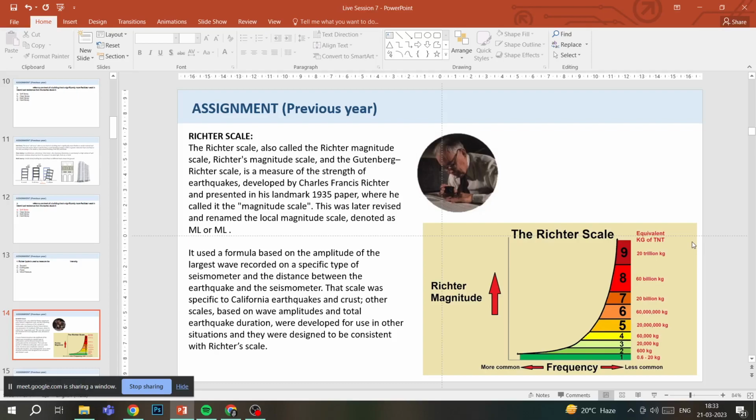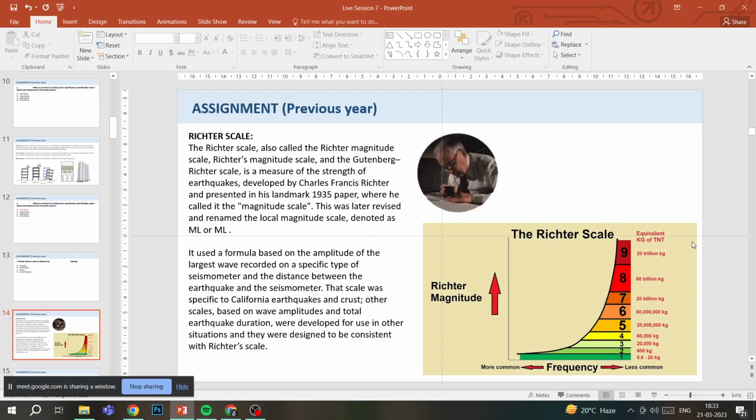The seismometer records the amplitude of waves that are coming, so there is the largest recorded amplitude and the distance of the seismometer from the earthquake epicenter. A formula uses both numbers, and then we convert it into a scale. That scale was specific to California earthquakes and crust.